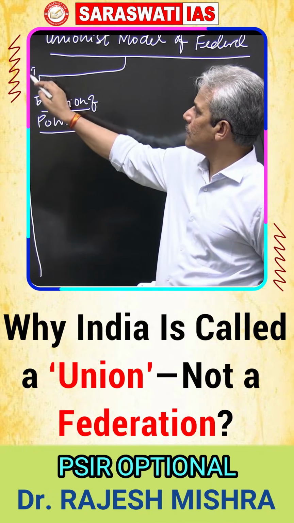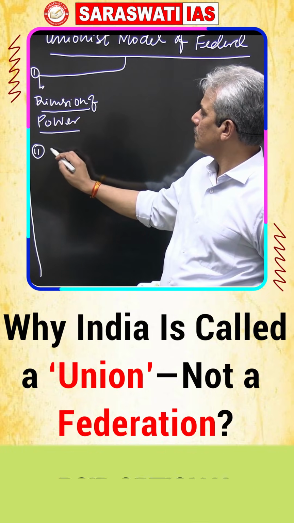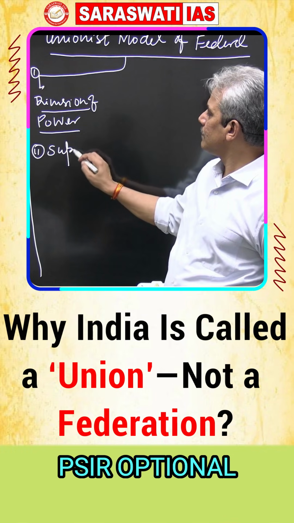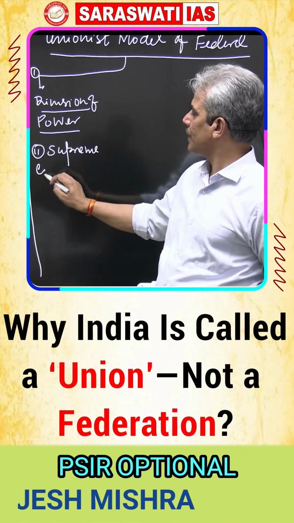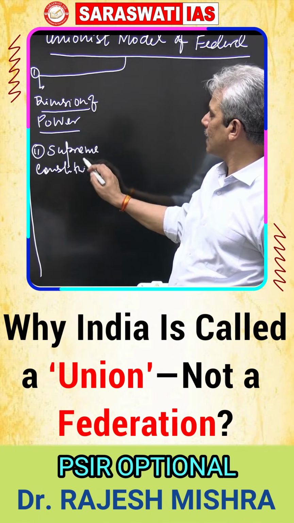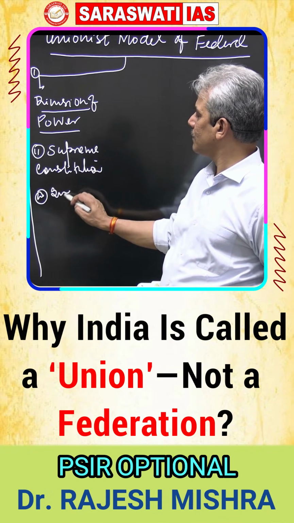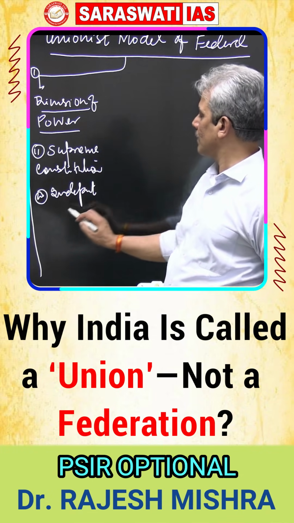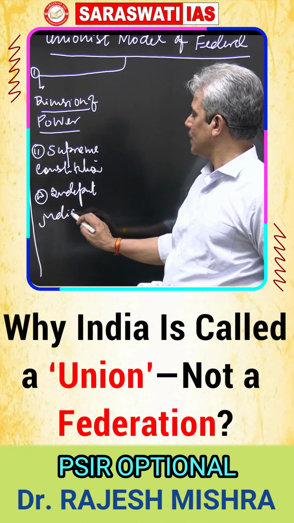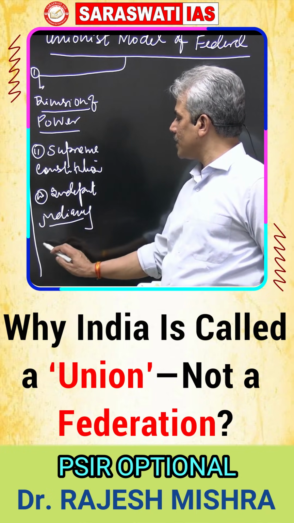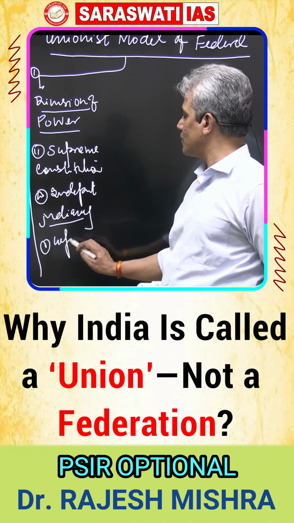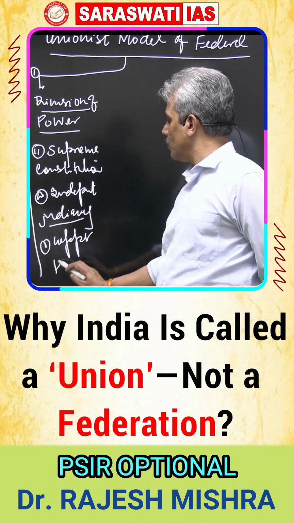Union means also a supreme constitution. Union means also an independent judiciary. That's very interesting. And the presence of an upper house in the form of a Council of States, which represents the states.